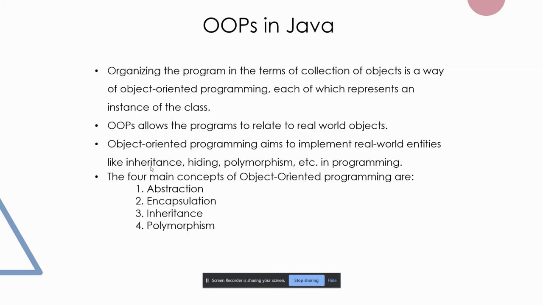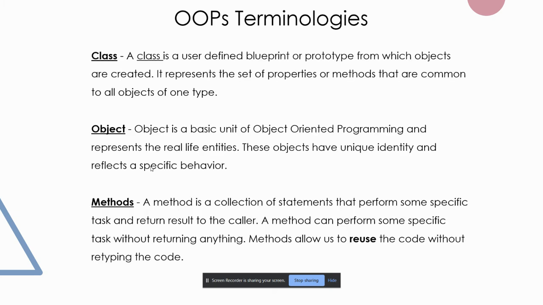The four main pillars of OOPS are abstraction, encapsulation, inheritance, and polymorphism. Now, first of all, let's talk about some terminologies. Class. A class is a user-defined blueprint or prototype from which objects are created.